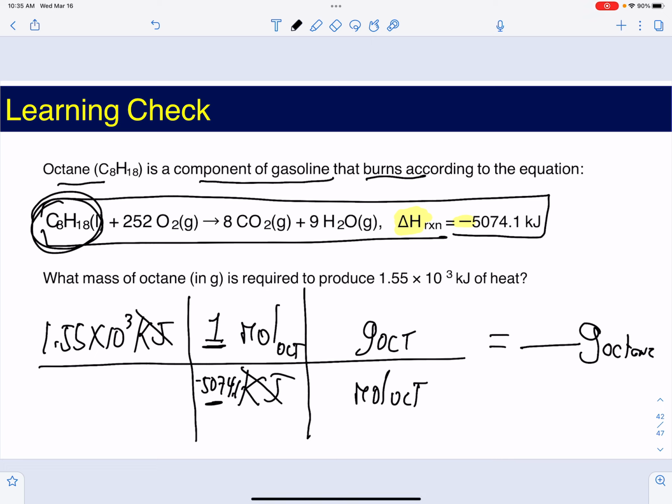And for the molar mass, 1 mole of octane is going to be 96 plus 18, 114 grams. So that tells me that for me to be able to produce that much energy, 1.55 times 10 to the 3 kilojoules, I'm going to need to burn how much? Let me find out.